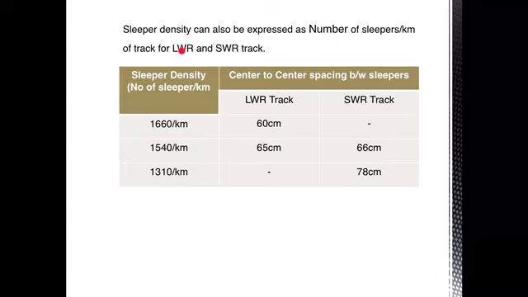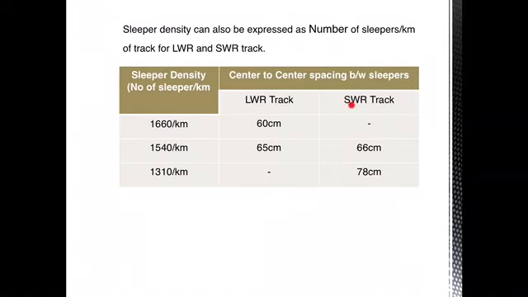Depending on whether the track is a short welded track or a long welded track, we have different sleeper densities. The sleeper density can be around 1660 per kilometer for a center to center spacing of the sleepers of around 60 centimeters, and we require 1540 sleepers per kilometer with a spacing of 65 centimeters.